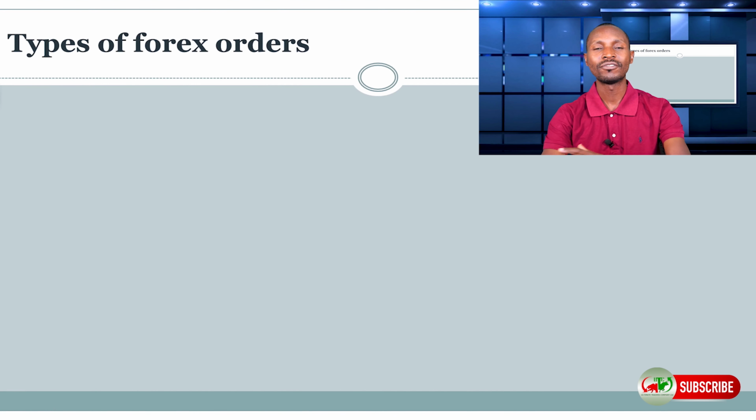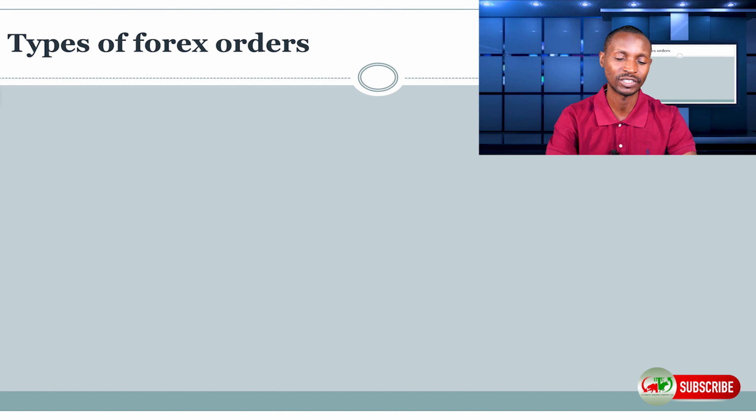Today, we have covered a lot about the basics of Forex trading, and we are nearly closing to the end of the basics, or all the necessary information needed to become a Forex trader. So today we are going to see how we enter and exit trades, because that is what we do in Forex trading.